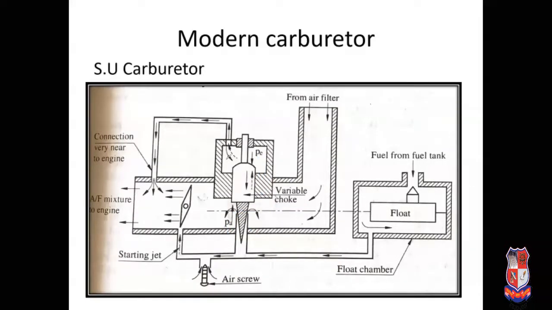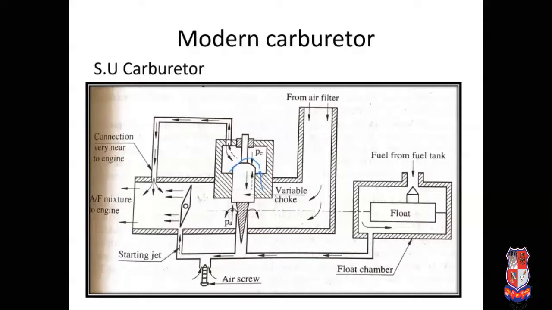The upper part of the variable choke is connected to the suction pressure line, and this line is connected near the engine. As the speed of the engine increases, the vacuum pressure is more, so the pressure applied on the variable choke is in the upward direction.